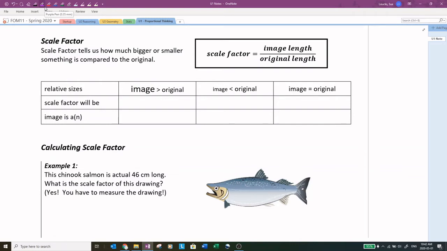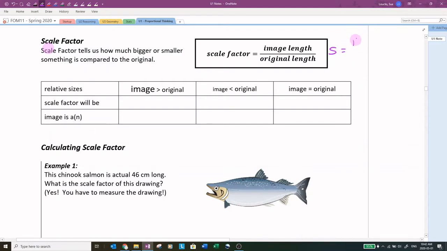The formula, or the equation, for scale factor is scale factor equals image length over original length. And I will hound you to write that down.